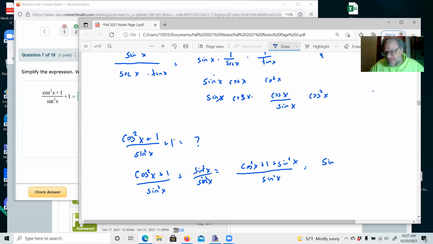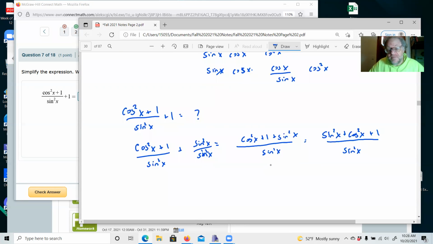So I'm going to say this is sine squared x plus cosine squared x plus 1 over sine squared x. Do you know an expression that lets us do something with sine squared and cosine squared? That's 1. Okay, so we end up with 2 over sine squared x.